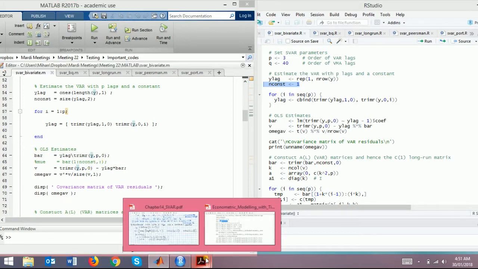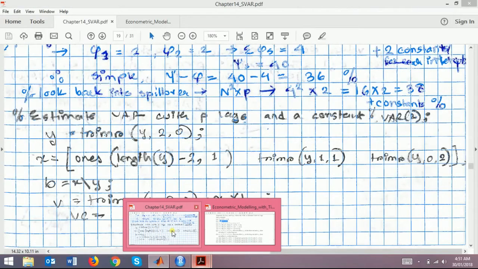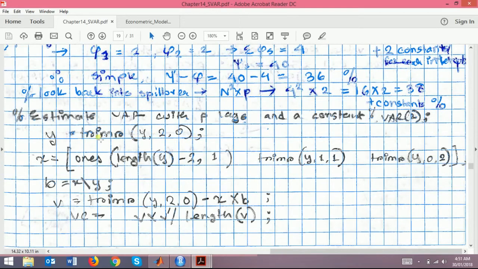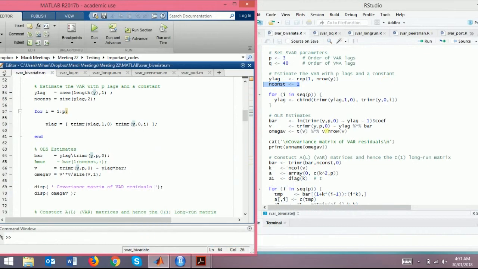So y20, here it was y20, and we are confused because we put x as ylag. That is the only confusion. Obviously we'll put this x as ylag because we don't have x, everything is represented with yt minus 1. Okay, so basically x regressed on y.